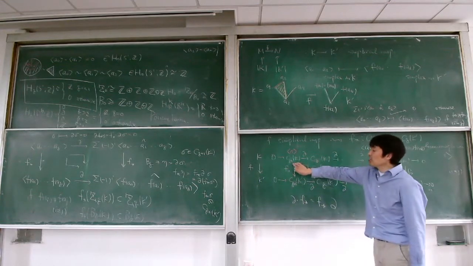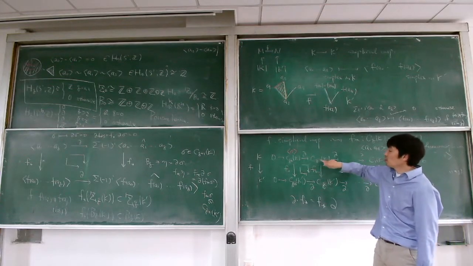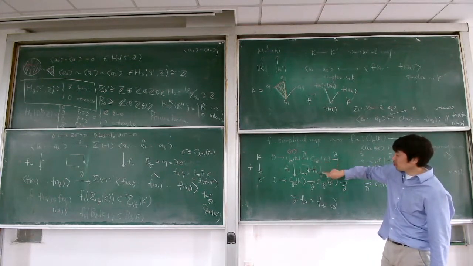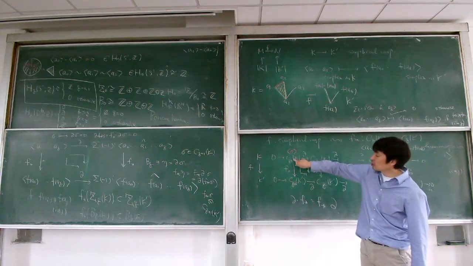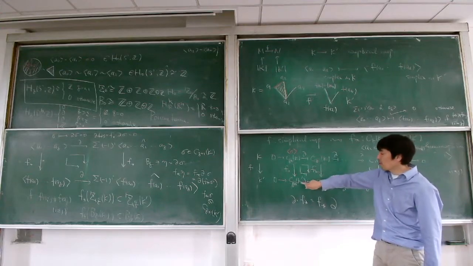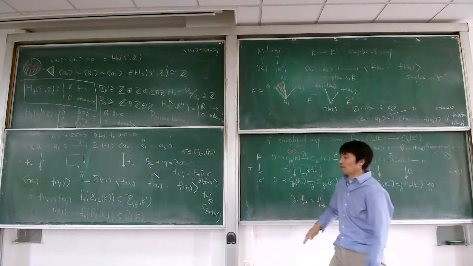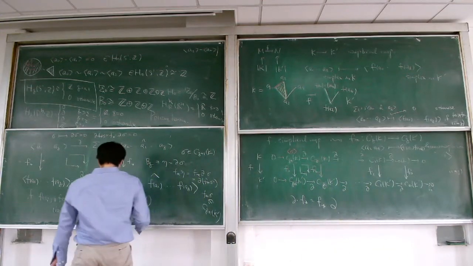BQ is the image of this map; bringing it here and then taking the image is the same as taking the image first and then the boundary map. So it's inside K prime.